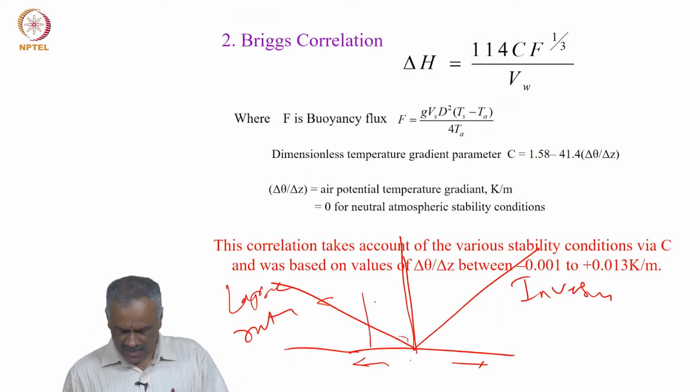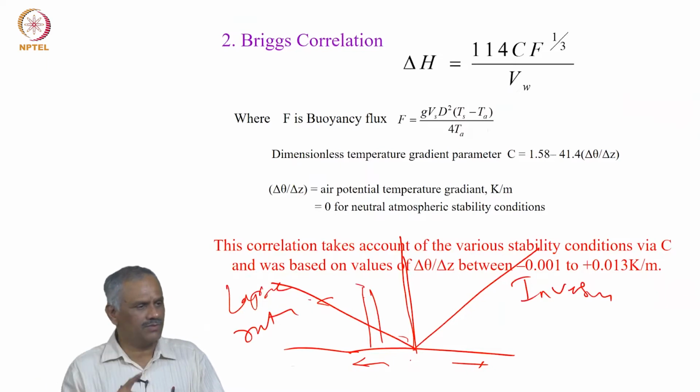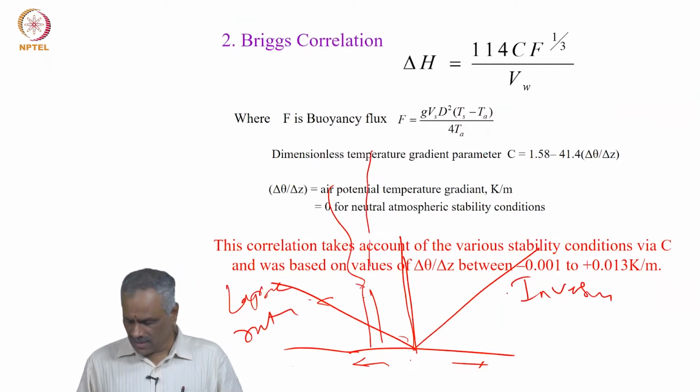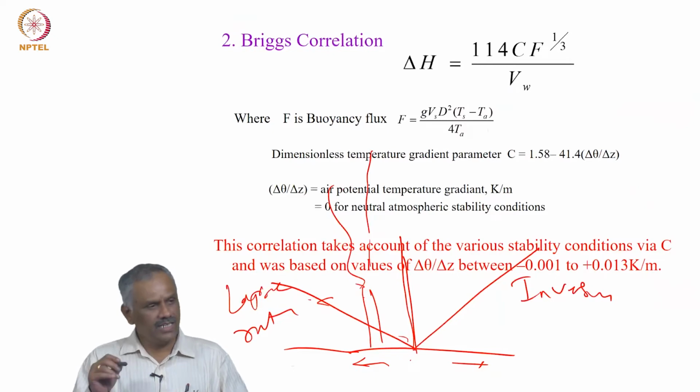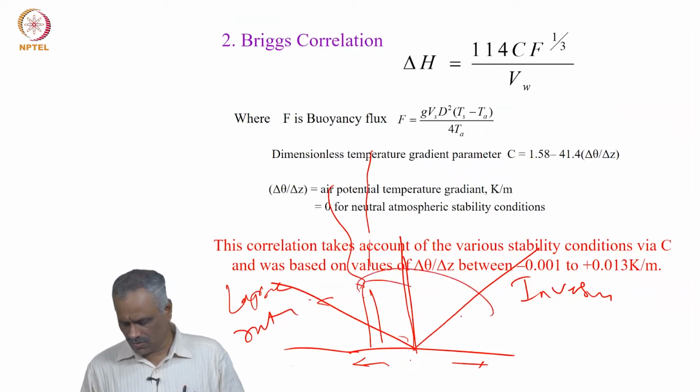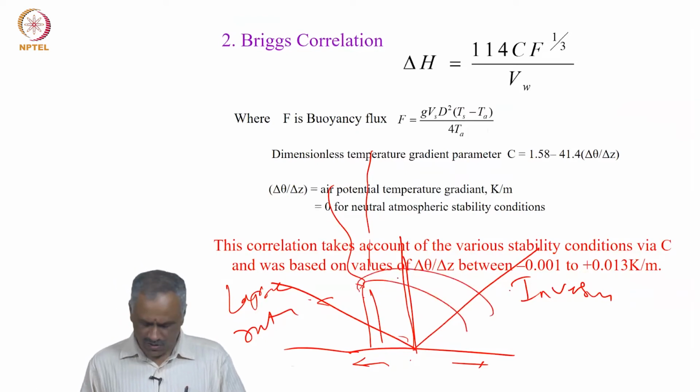When you have a stack like this and the temperature decreases with altitude, the flue gases tend to move up. But if the temperature is higher at the top and lower at the bottom, that is the inversion, and they try to come down. So stability is important as far as dispersion is concerned.